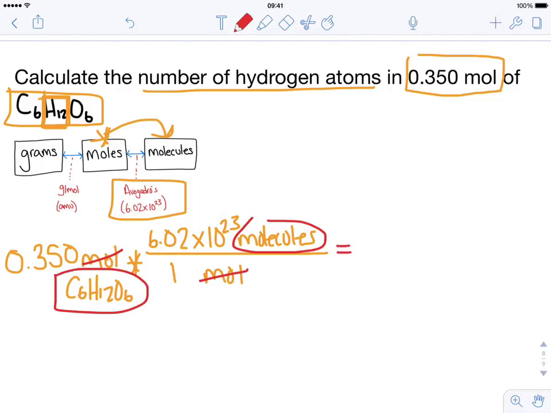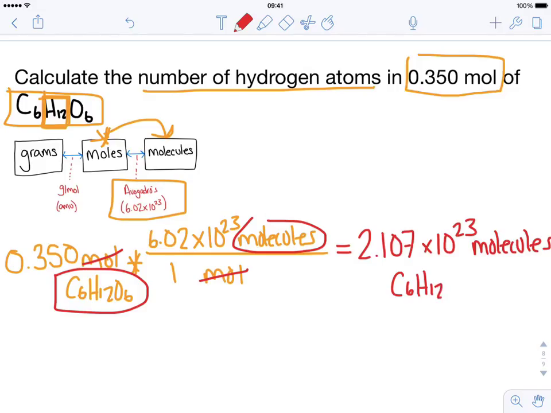Okay, so if we put this number into our calculators, we should get 2.107 times 10 to the 23rd, and that's going to be molecules. But molecules of what? Molecules of C6H12O6.